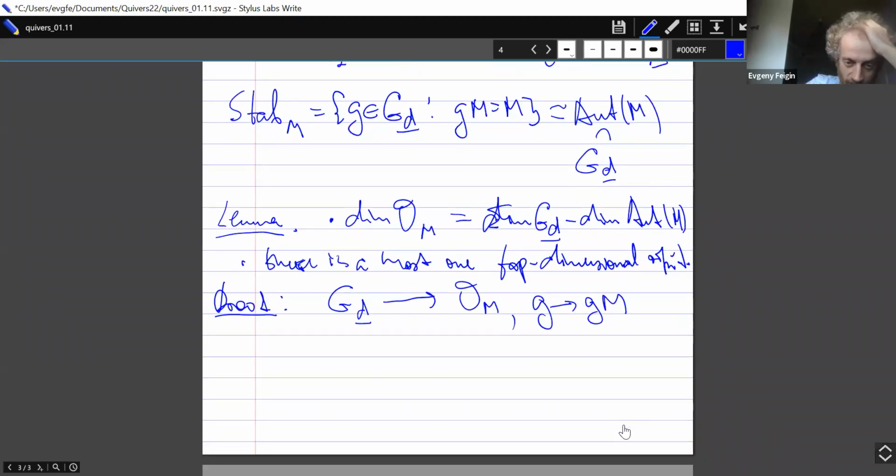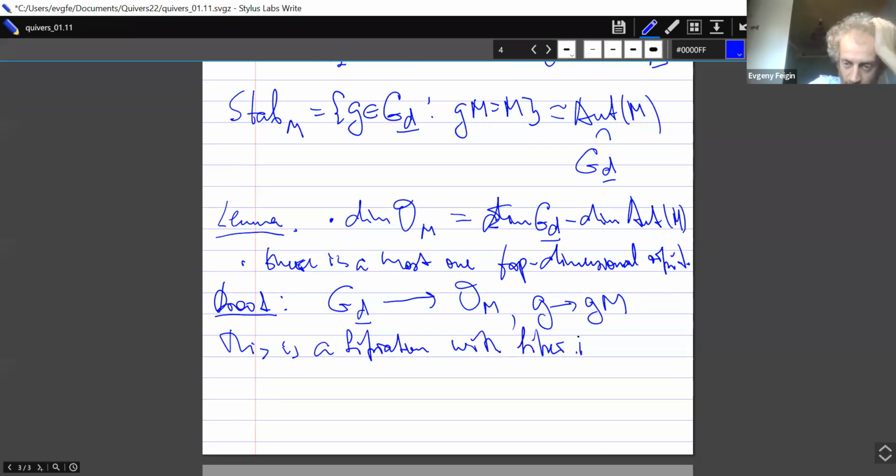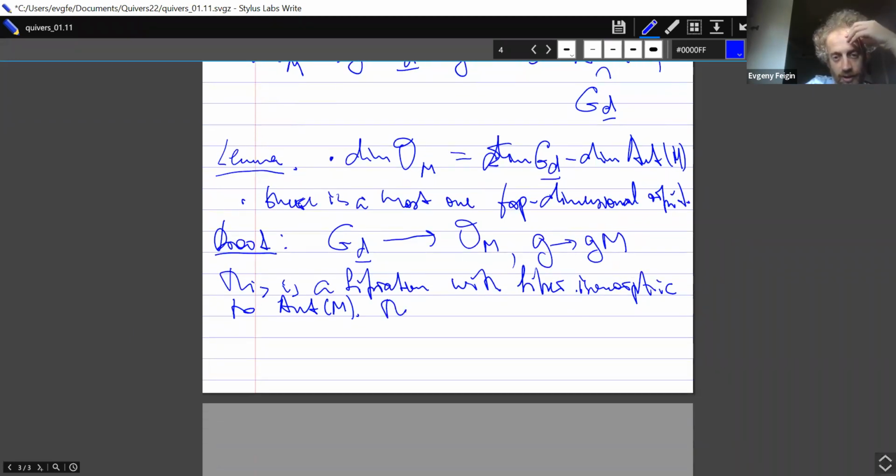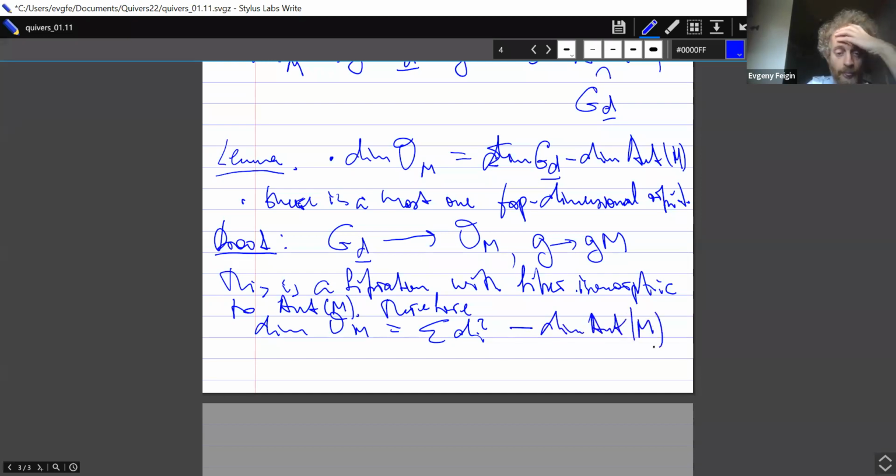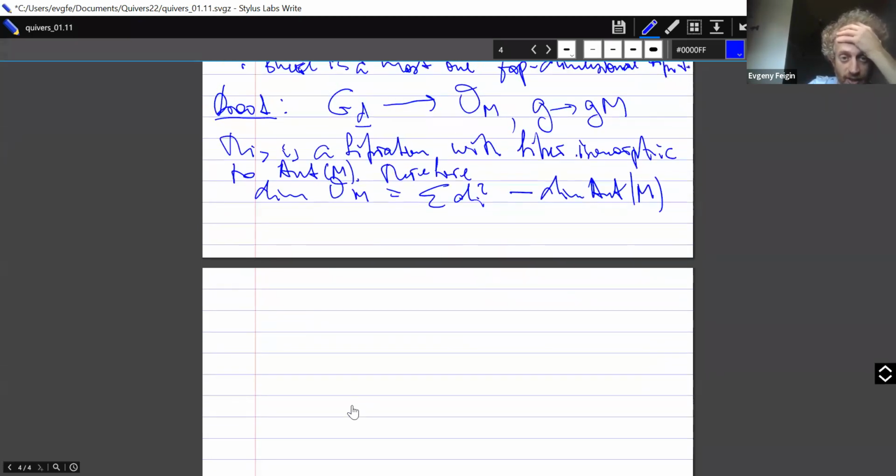And this is a fibration with fiber isomorphic to the group Aut M. Therefore, we can write explicitly that the dimension of the orbit of M equals the sum of d_i squared minus the dimension of Aut M. Okay. And what about the second claim?